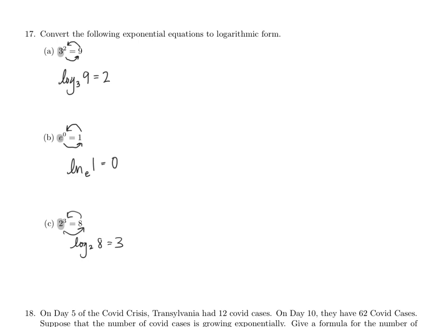And that's it. Now, on part B, you really don't have to write the e because the base is understood to be an e. So really you can rewrite this as natural log of 1 is equal to 0. I wrote the e to make sure you see where that goes, but you don't have to write the e because it's understood. But that's all for that. So just make sure you know how to convert from one form to another.